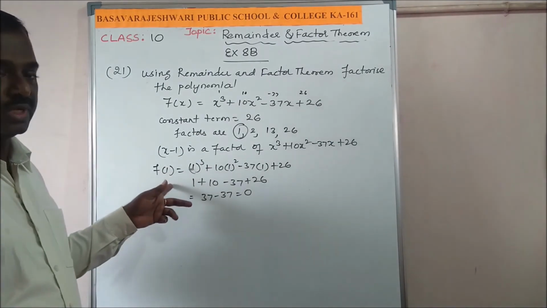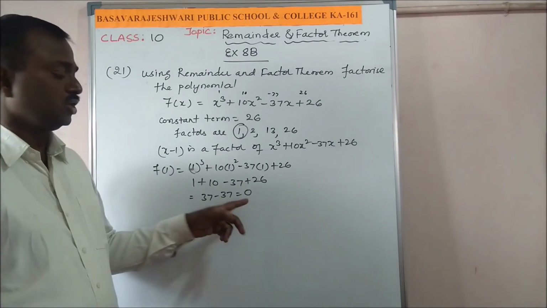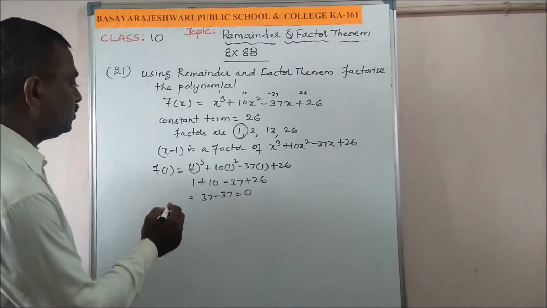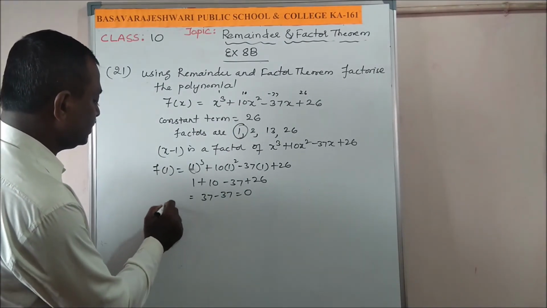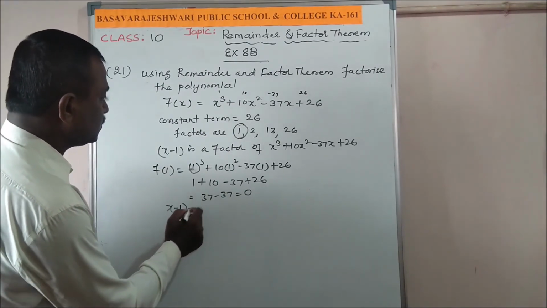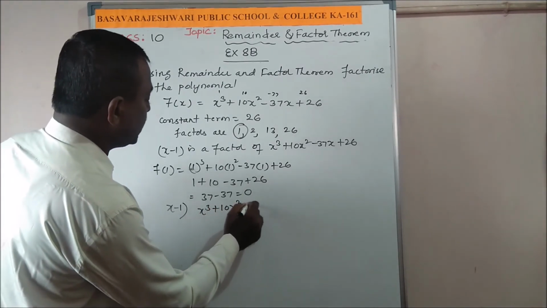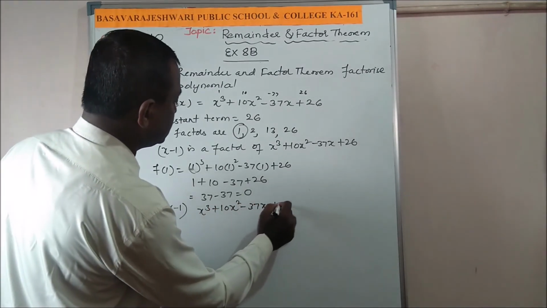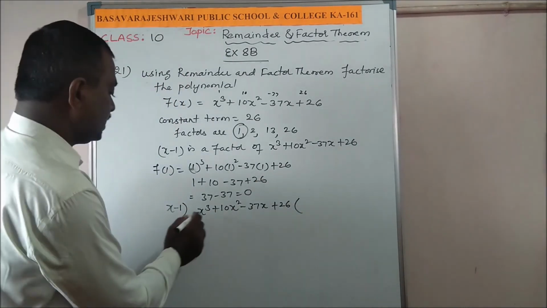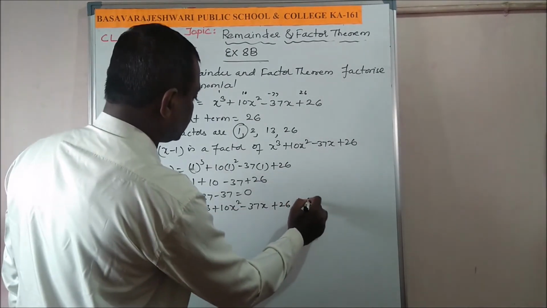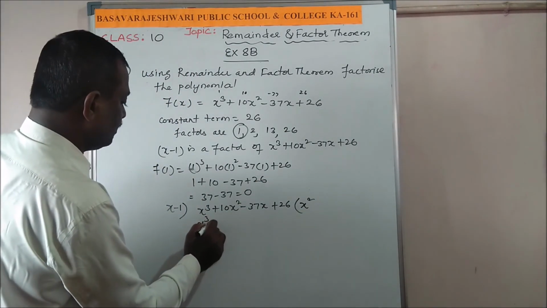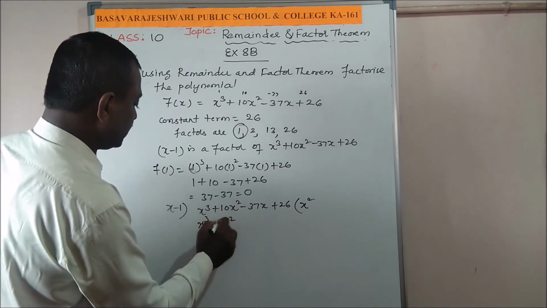I substituted the 1 in the place of x and got 0. So next step, what you have to do? You have to divide, isn't it? You have to divide x cube plus 10x square minus 37x plus 26 by x minus 1. So x cube divided by x, therefore x square. So x cube minus x square.